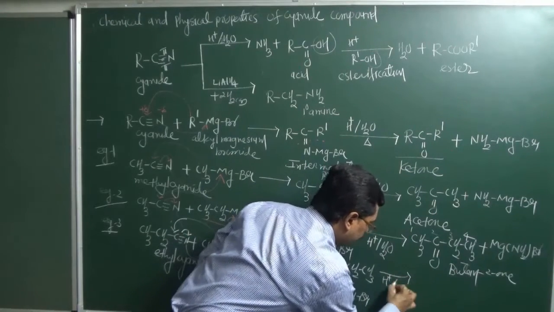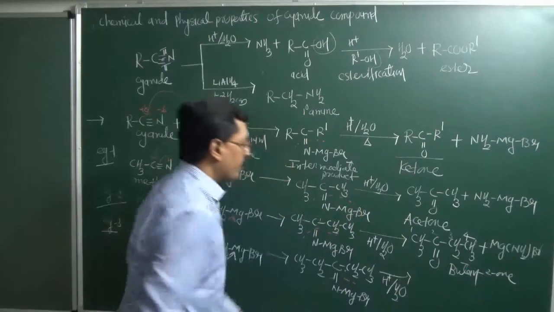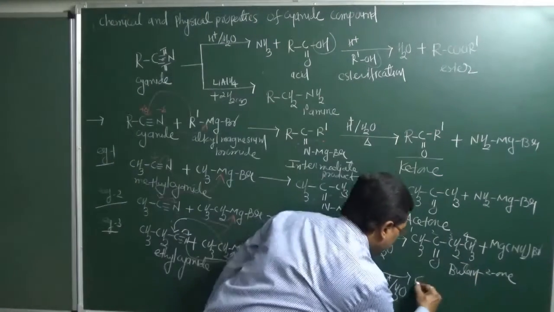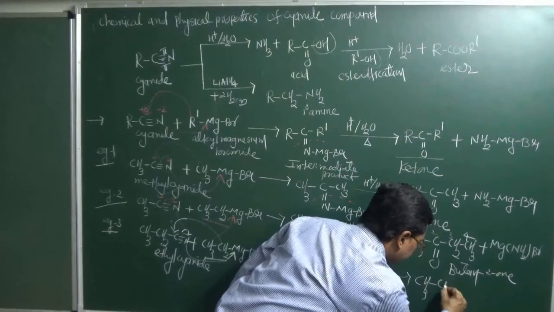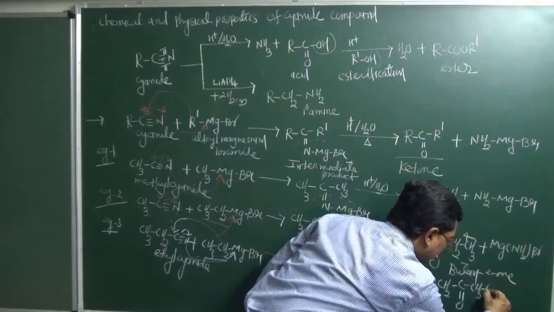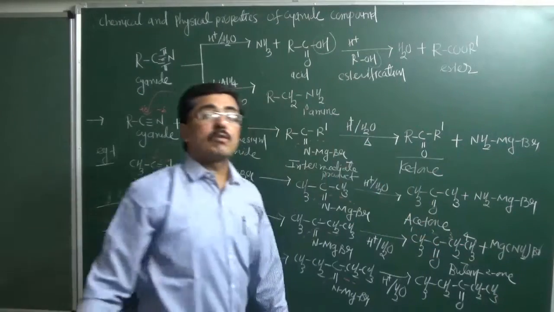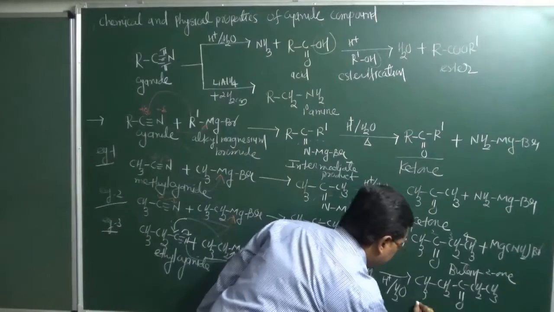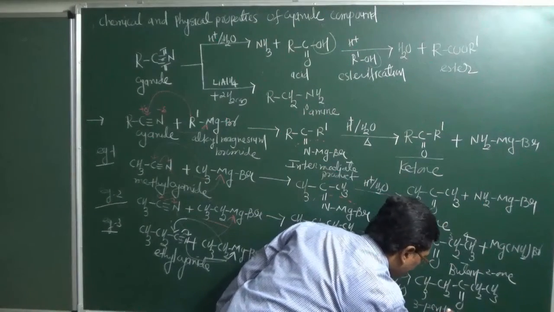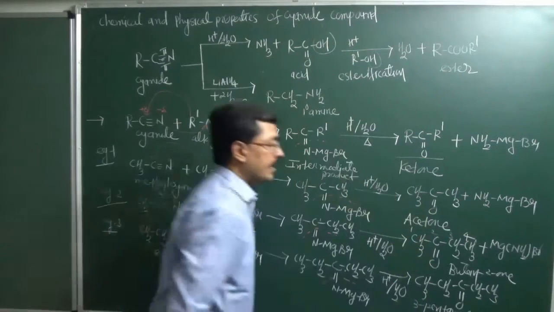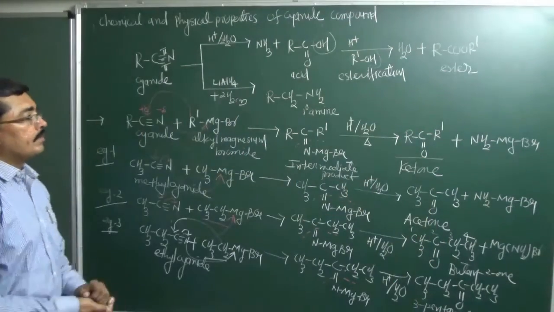Oxygen will be added on carbon, hydrogen will be added on nitrogen. So on hydrolysis we get a 5-carbon species, pentan-3-one, which we can also write as 3-pentanone. 3-pentanone is obtained and the byproduct will be common.